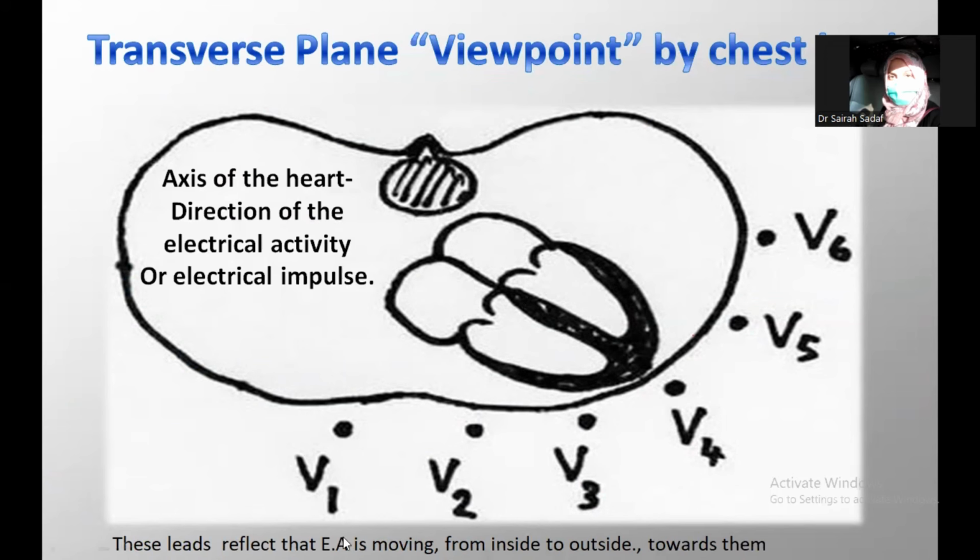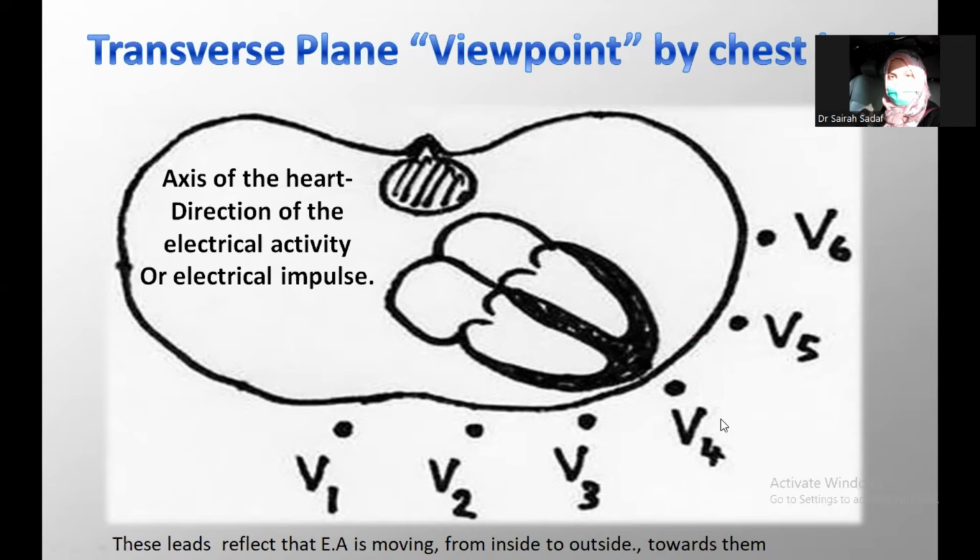So V1 and V2 represent the right heart, and V5 and V6 will represent the left heart. Just try to memorize it because this will be on repetition in our session.